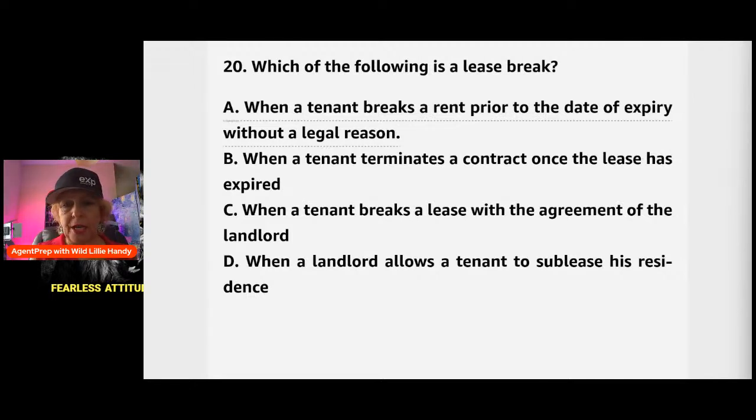So the answer here is A. When a tenant breaks a lease prior to the date of expiry without a legal reason, they're in default of the lease, because it has to go month to month and then give the owner or the landlord a notice.